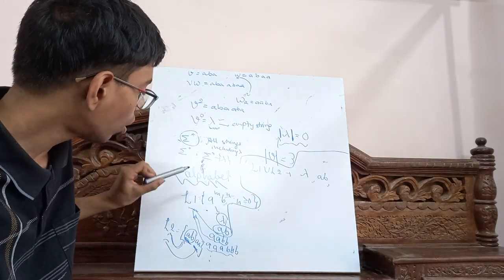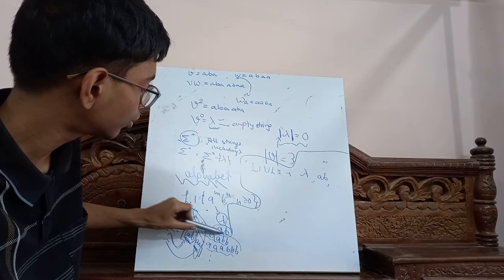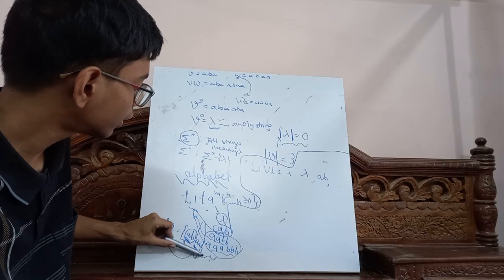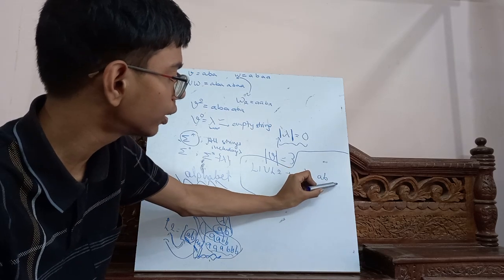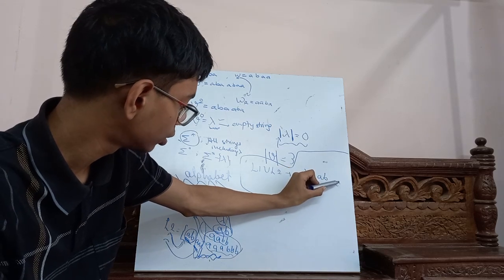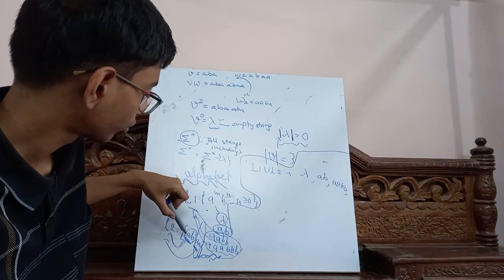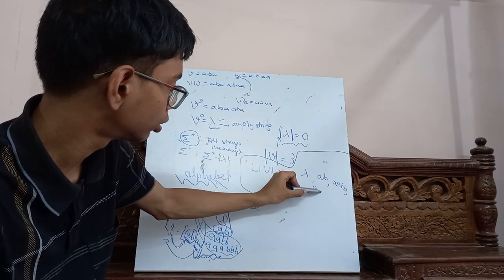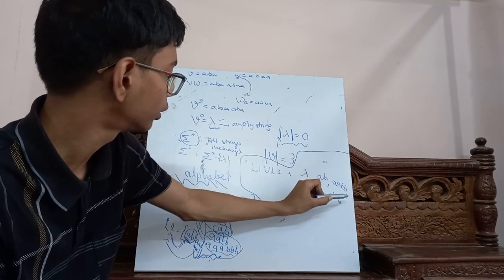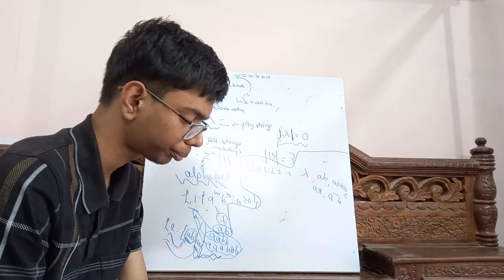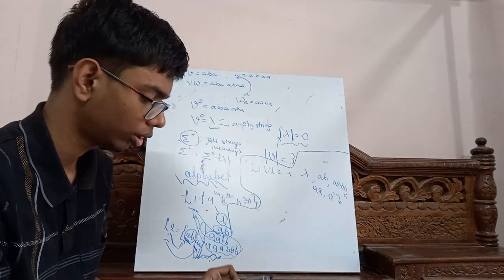Then all the things in language 2 and all the things in language 1. Each and every element present in language 1 and language 2 is there in the union, so I can write basically a to the power m, b to the power n.